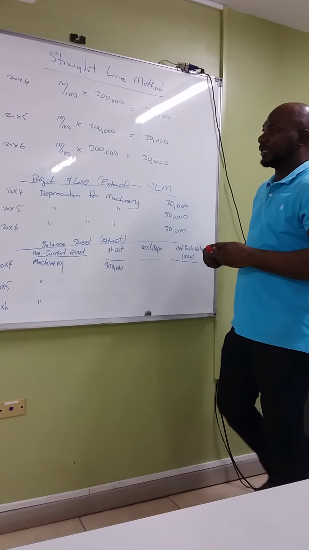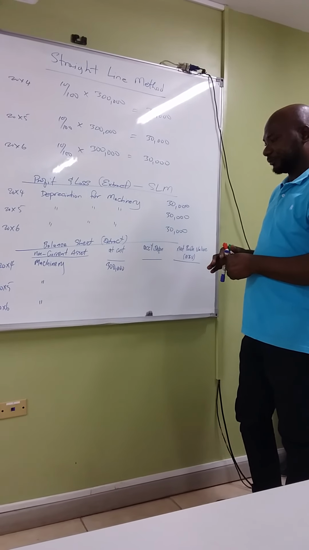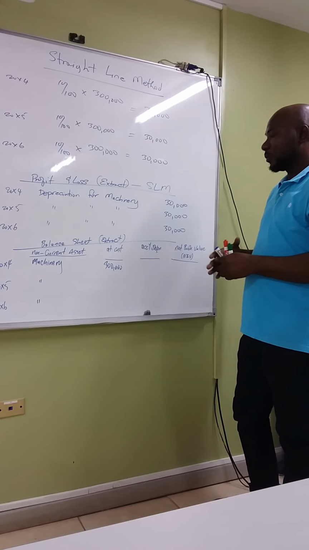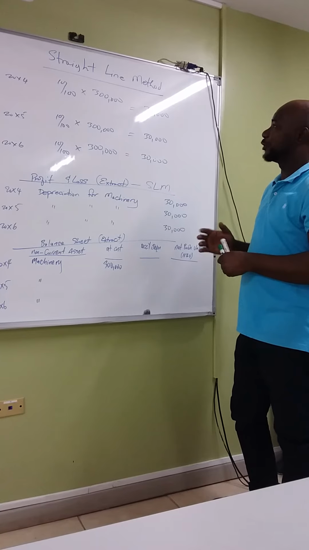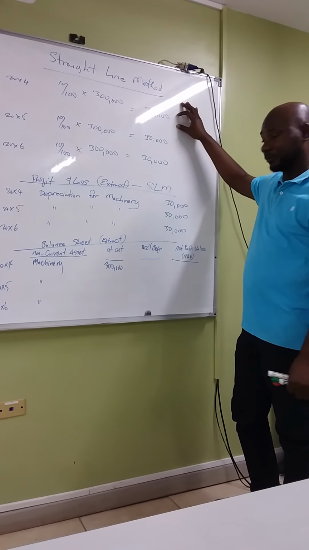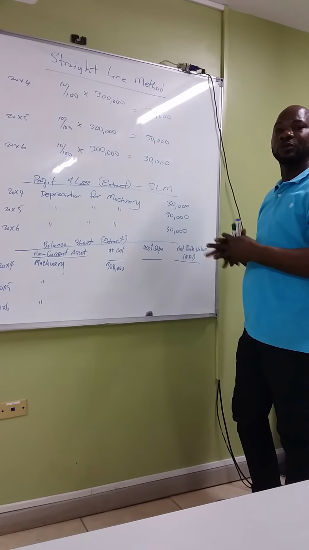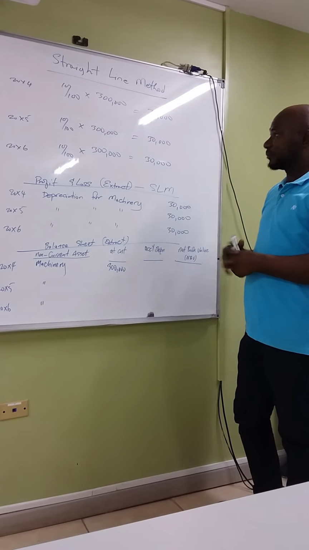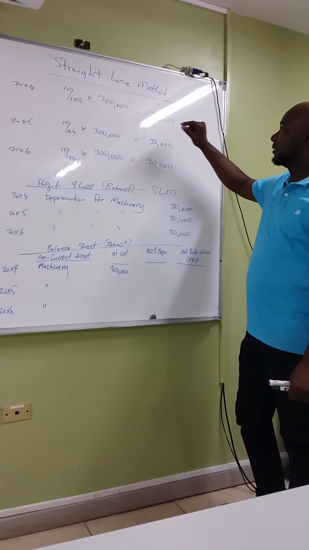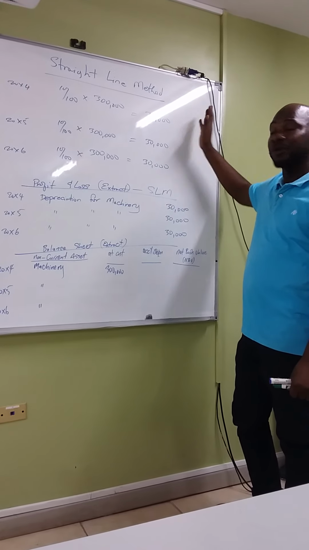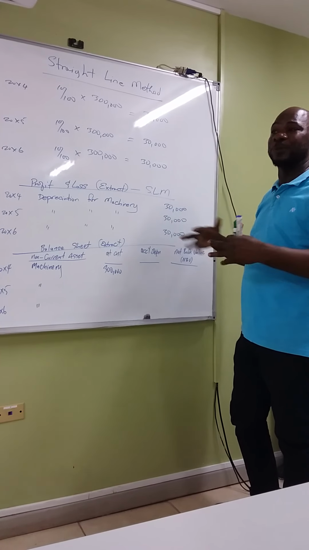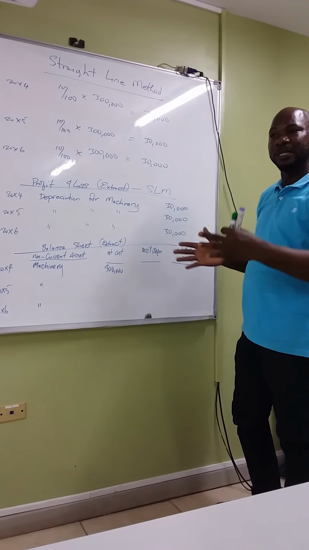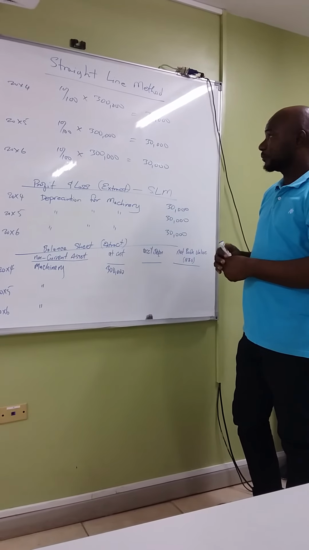Now, what is the difference between depreciation and accumulated depreciation? They can be one and the same, but they can also be different. The depreciation charge represents the amount charged for the year, whereas the accumulated depreciation represents the total amount of depreciation charged on the asset up to date.